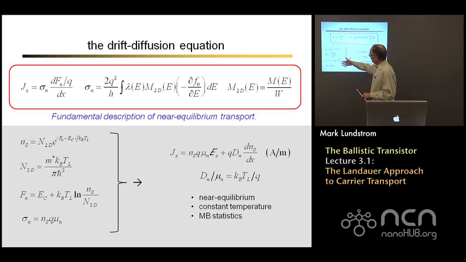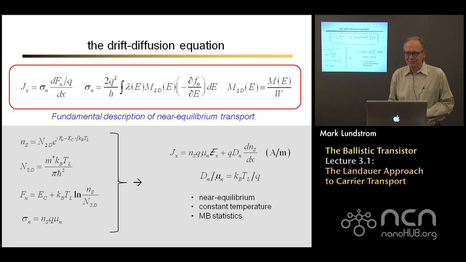Now, if I make some additional assumptions, if I relate the carrier density to the quasi-Fermi level, solve for the quasi-Fermi level, take its gradient, and express my conductivity as the product of the carrier density times charge times mobility, then you can transform this fundamental equation into something that looks even more familiar, our drift diffusion equation.